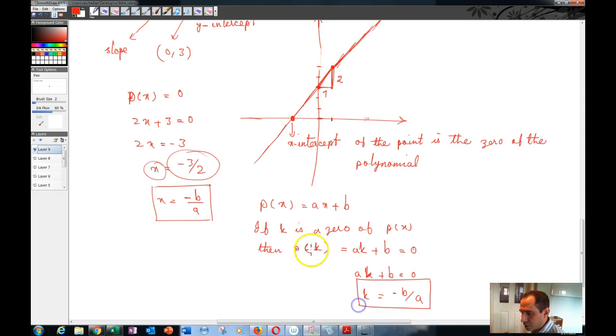Okay, so what that means is that if you have a linear polynomial p of x equal to ax plus b, and if k is a zero of the polynomial, then you can express that zero as negative b by a, and that's the relationship between the zero of a linear polynomial and its two coefficients a and b.